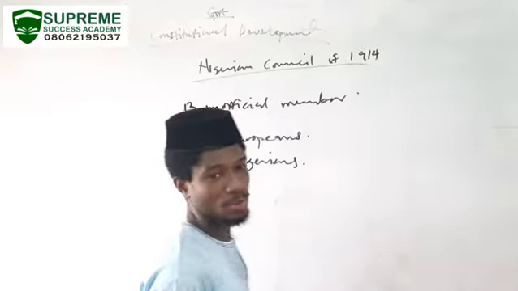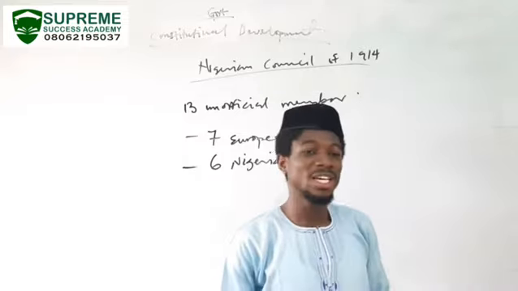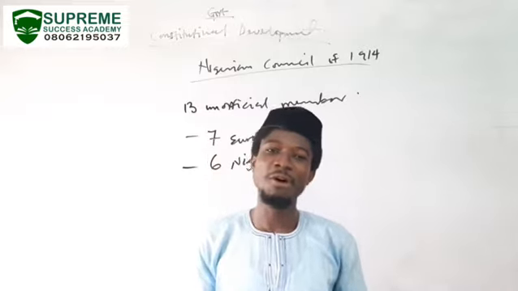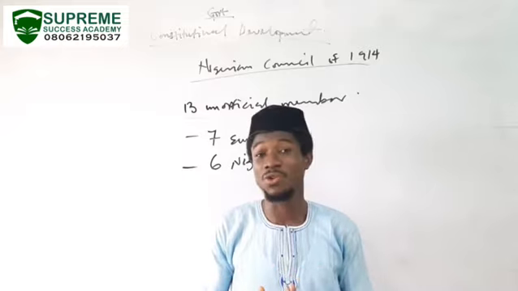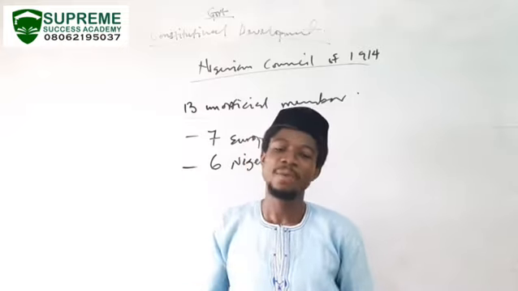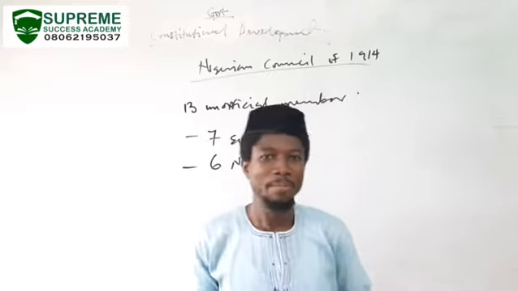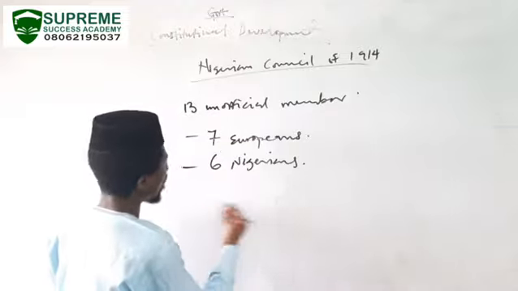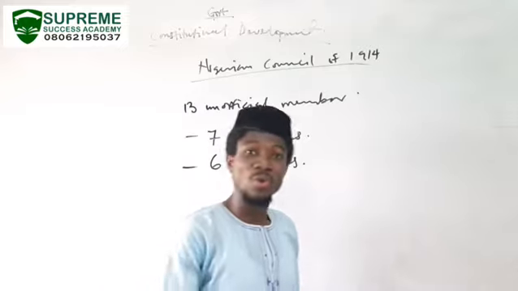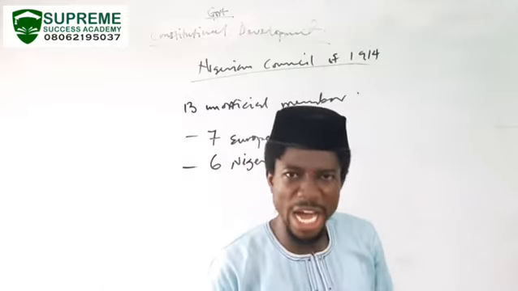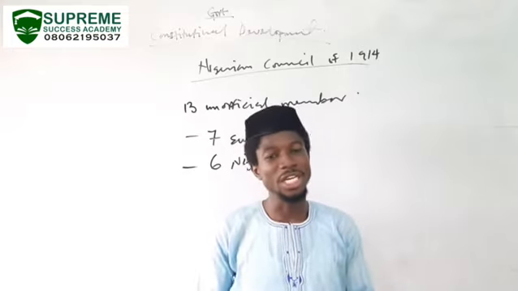So the Nigerian Council, well, 6 Nigerians, and one thing we should note at this juncture is that the 6 Nigerians that were involved were, let me say, the uneducated traditional rulers that do not really have much knowledge about what is being done at the Legislative Council. So they were just handpicked by who? By Lord Lugard. So under them we have what? We have the Emir of Sokoto, we have the Emir of Zazzau, we have the Alaafin of Oyo, we have the Oba of Benin, and all other uneducated kings that ruled Nigerian society then.